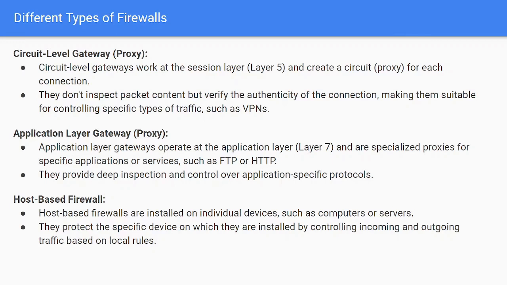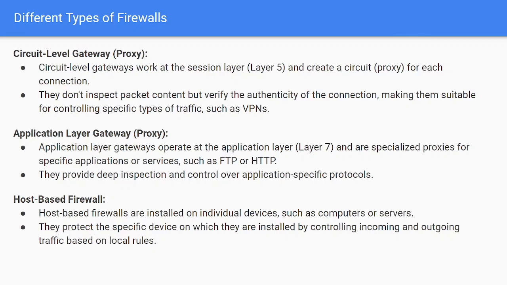The application firewall will check that Microsoft Teams has the right to access protocols like FTP or HTTP. So they provide more in-depth inspection, because they operate on the application layer.